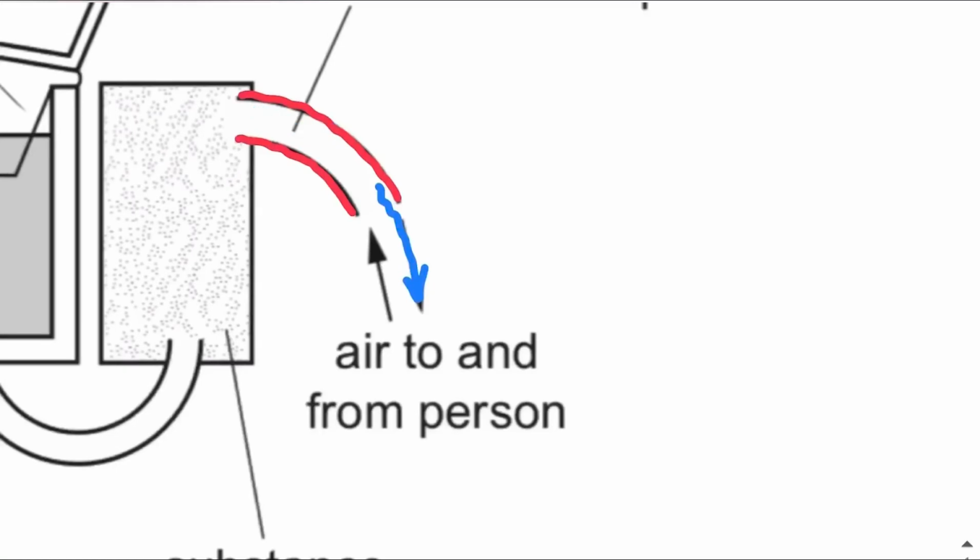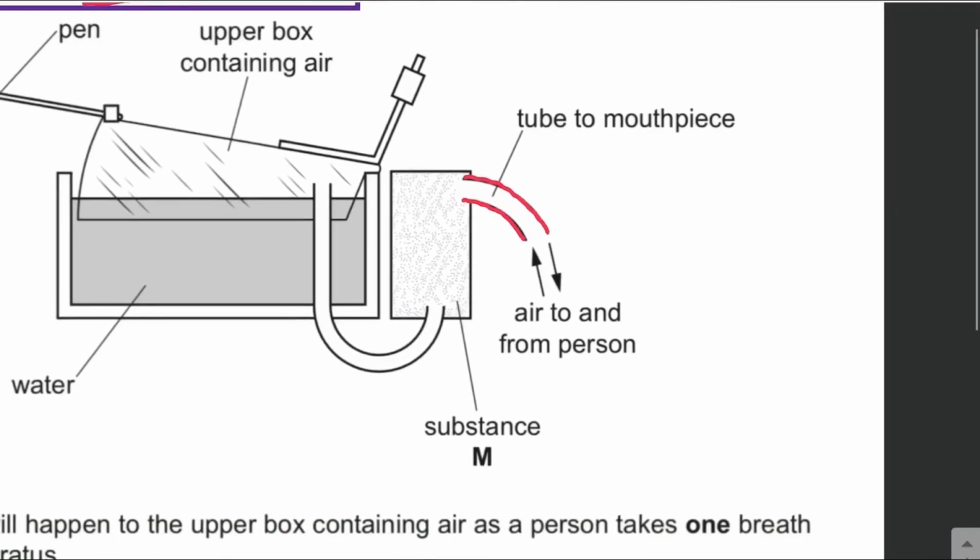And when the person breathes out, the air goes out of the person's lungs and out of the person's mouth into this tube, right? So when a person is breathing in, taking air into his or her lungs, the air flows out of this tube.